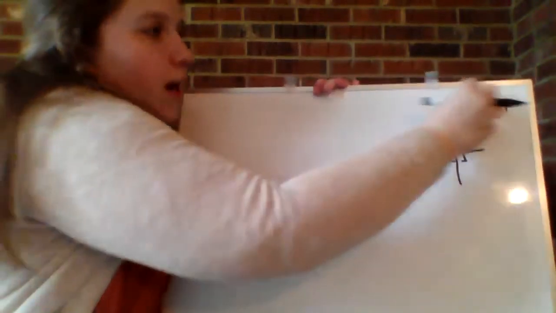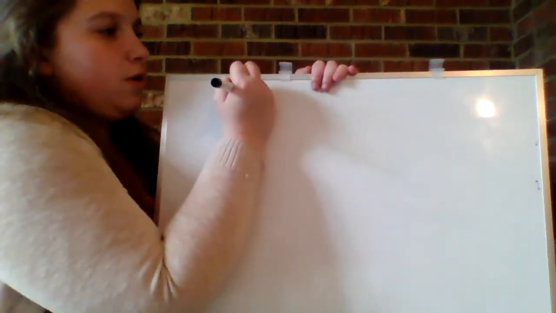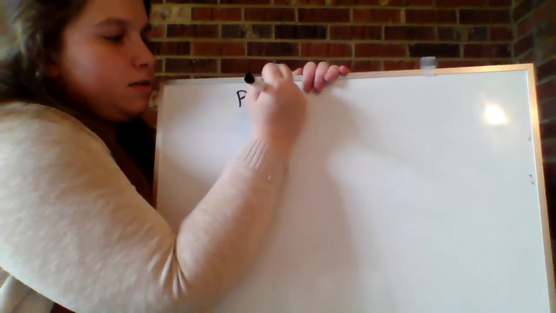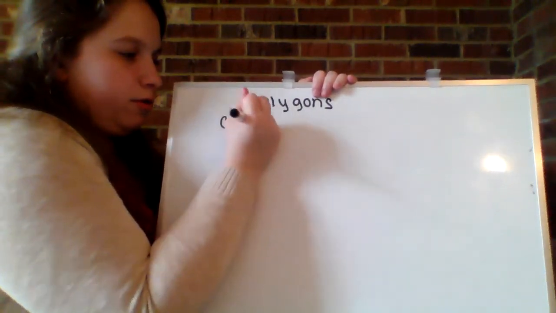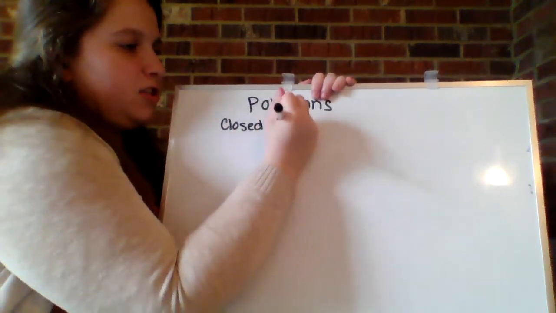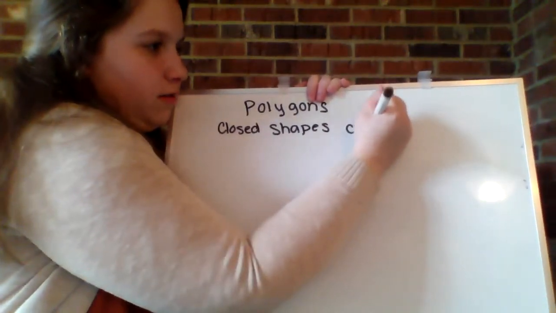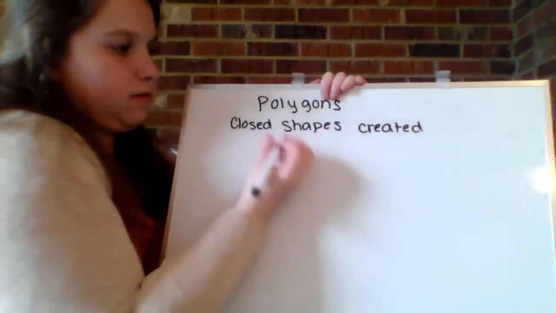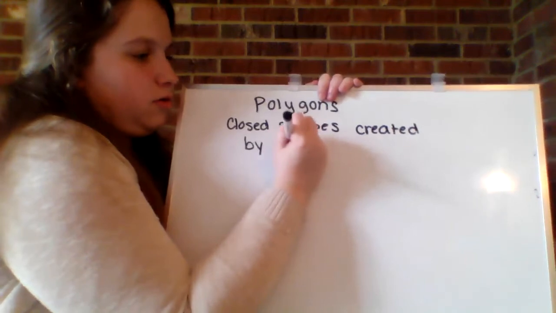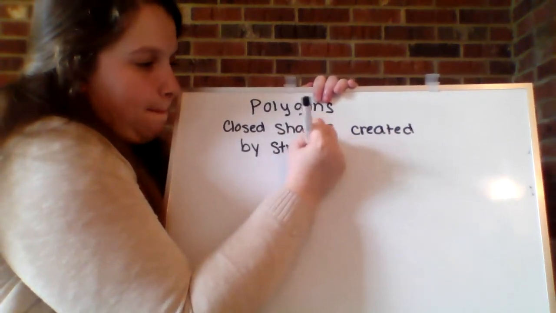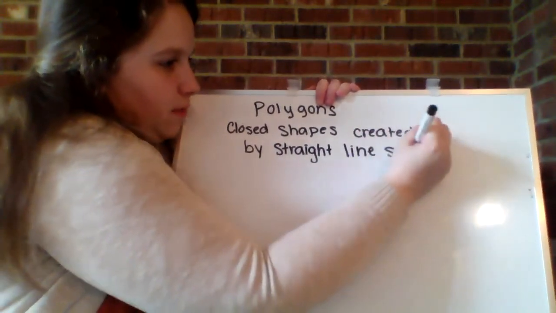I know we went through a lot today, so just to quickly review, we talked about polygons, and polygons are closed shapes created by straight line segments.